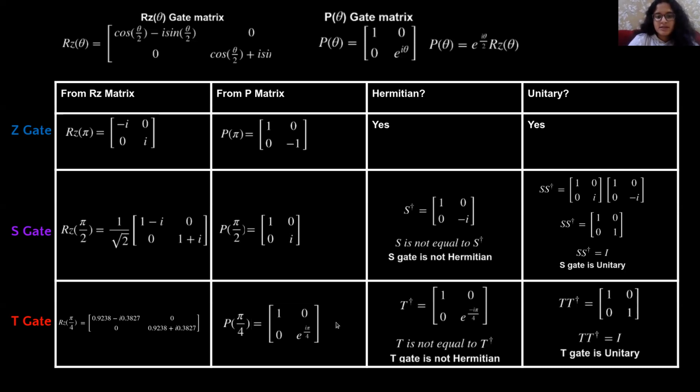And therefore, T gate and its conjugate transpose with this negative angle nullifies the effect, because if you go clockwise by 45 degrees and then go anti-clockwise by the same amount of degrees, the actual effect on the qubit state would be none, right? So yes, T gate is not Hermitian and it's still unitary.